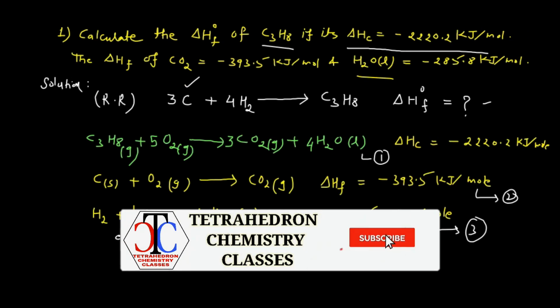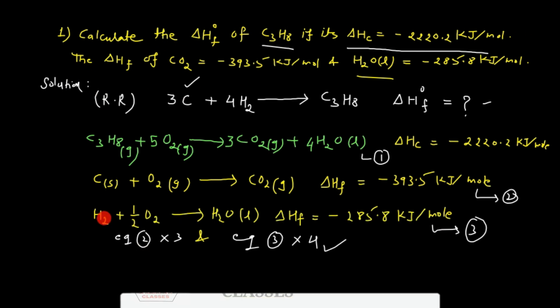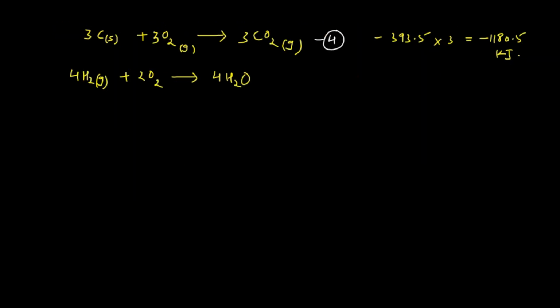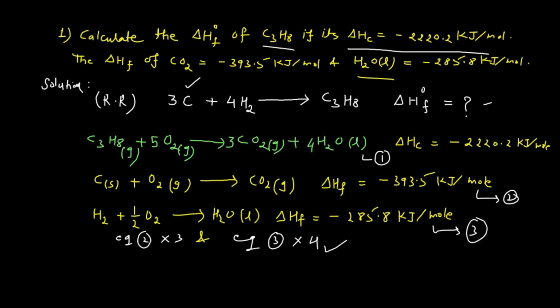This was your H2; you multiply it by 4, so this becomes 4H2. Half O2 multiplied by 4 leaves 2 oxygen. That's why I have written only 2 oxygen over there. Please remember, it is very, very important. And the value is 285.8 kilojoule per mole.